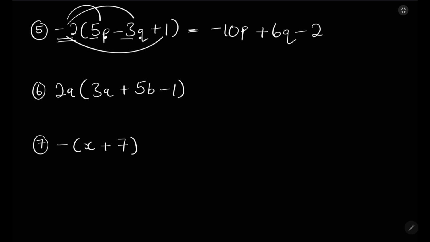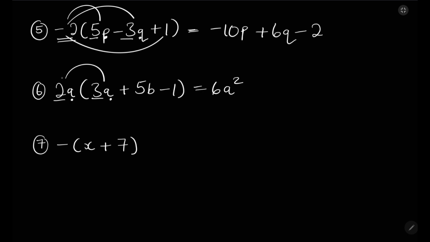Let's try number 6. We have 2a times (3a + 5b minus 1). How do we solve this? We'll say 2a times 3a, which is 2 times 3 is 6. We have a times a. A times a is a to the power 2, or a squared.